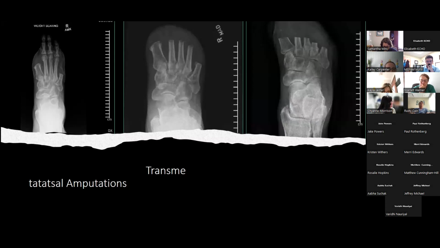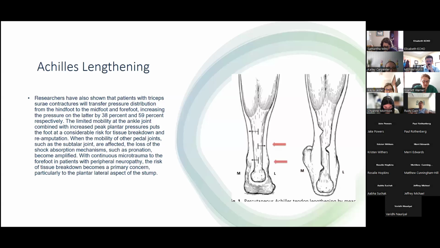Despite a clean margin initially, he did end up with some continued pressure to that area, and we did end up having to go back and resect further. However, again, like we discussed, when performing these, trying to maintain those attachments is most important to maintain his function as well. And he also did have an Achilles lengthening in between the second and third as well to really help kind of heal those.